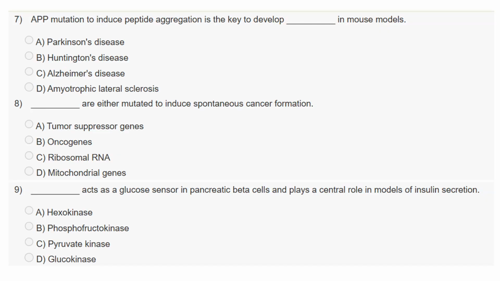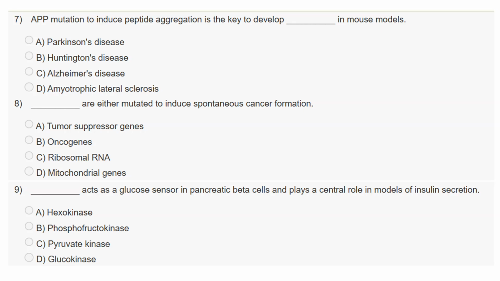Next question. APP mutation to induce peptide aggregation is the key to develop dash in mouse models. The answer is Alzheimer's disease. Amyloid proteases are involved here.